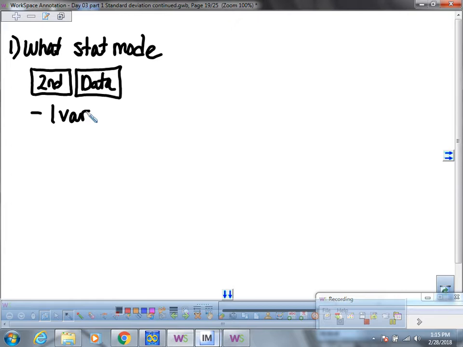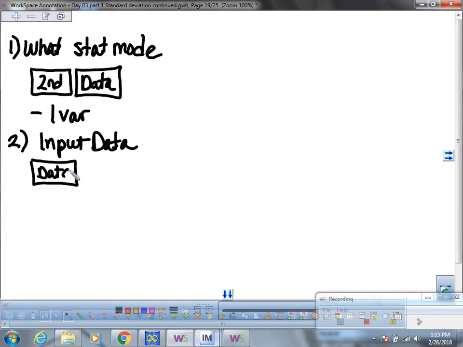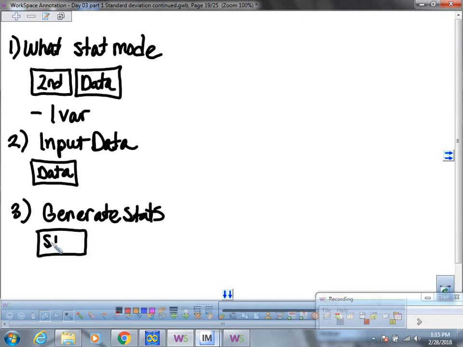Number 2, the second thing we're going to do is input our data. Inputting data uses the data button. And then number 3, we're going to generate our stats by hitting stat var.